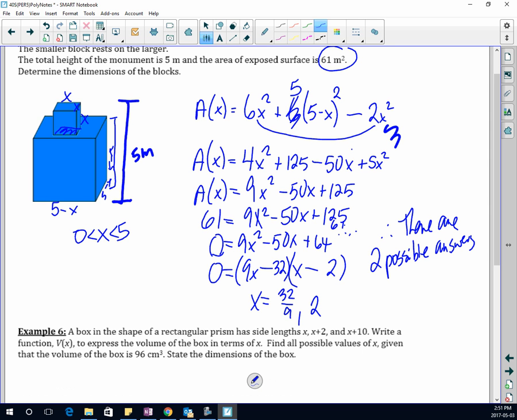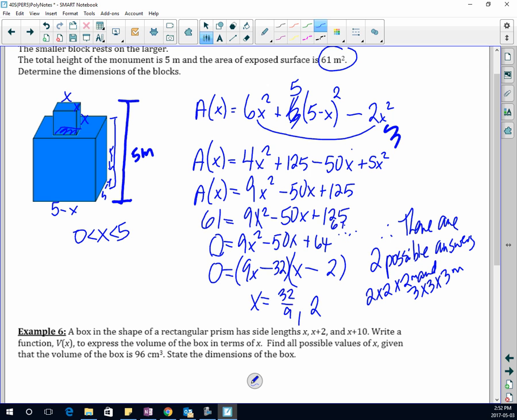Say what? So it says determine the dimensions of the block, so it can be a 2 by 2 by 2, and now 3 by 3 by 3. Yep. And that, of course, is meters.